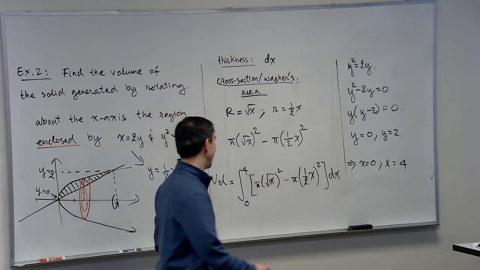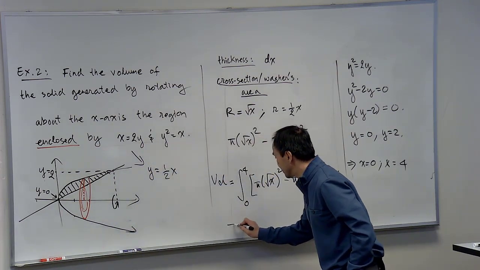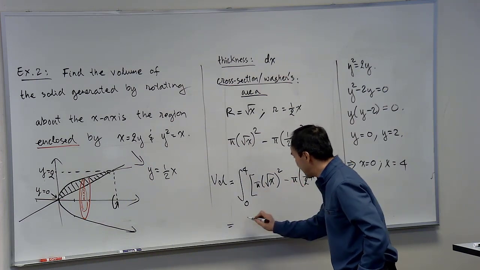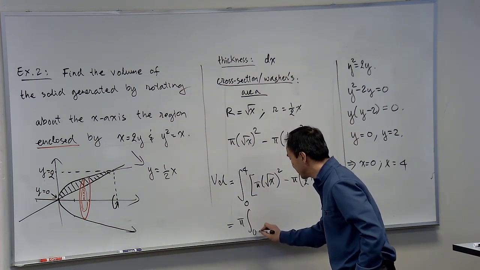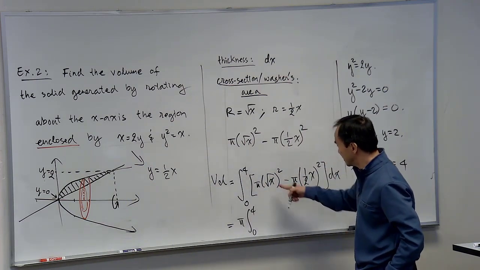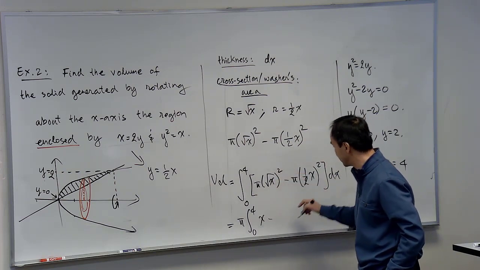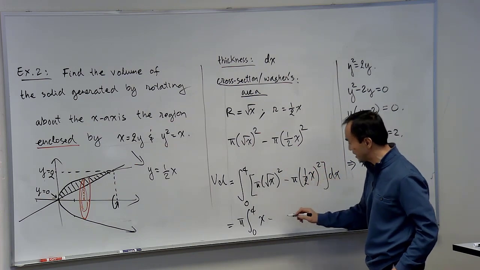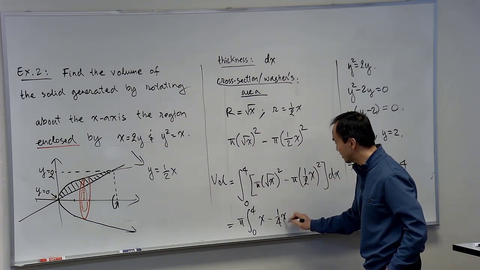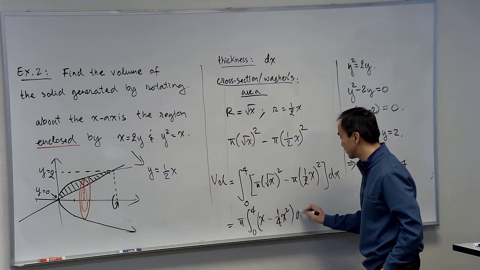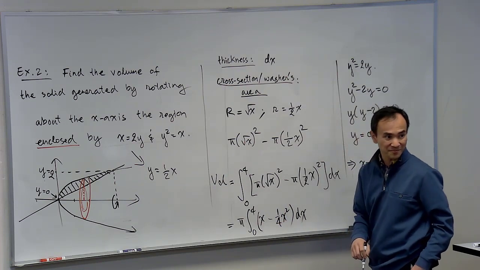Now the next step is I'm going to take the pi out front as a common factor. Integral from 0 to 4. The square root gets canceled with the square, so I have x minus, and 1/2 x all squared here is 1/4 x squared. So the integral turns out surprisingly simple, right?